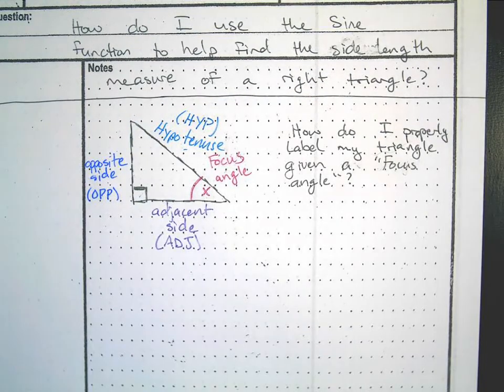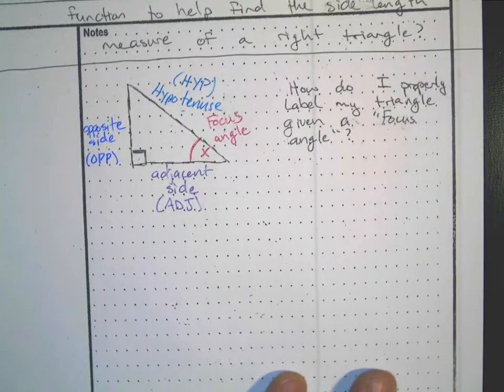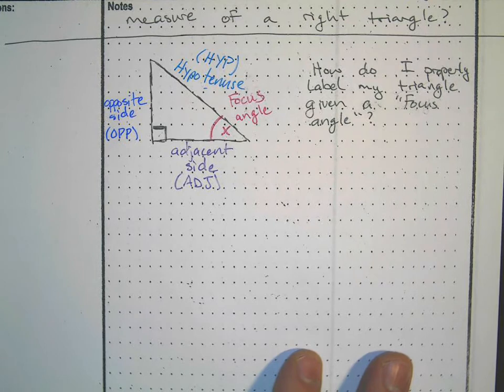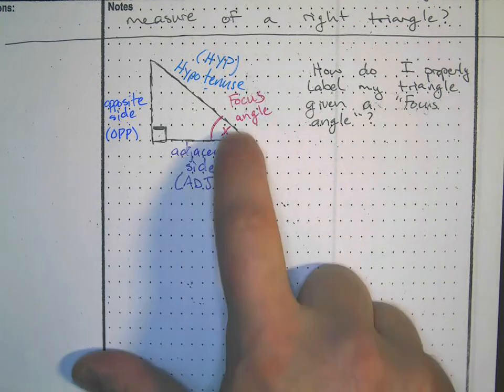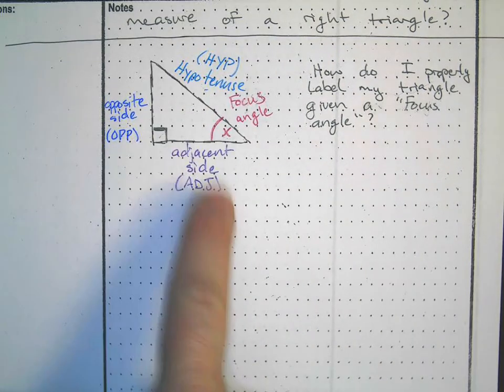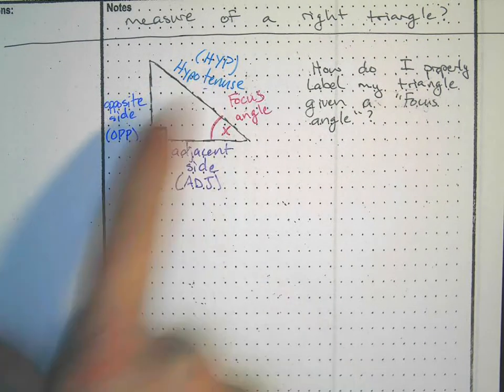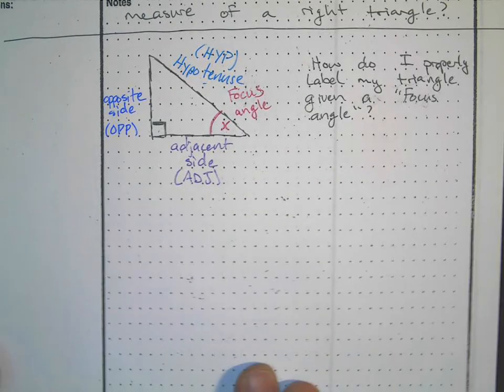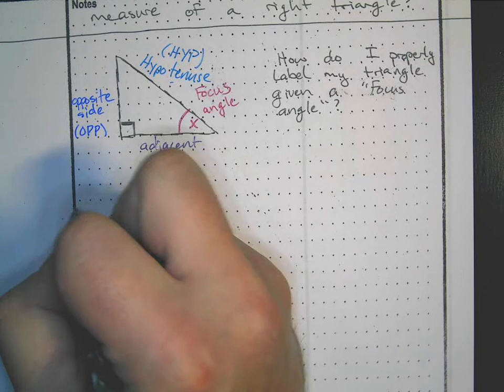So with this said, we're given a focus angle, and then we can label opposite and adjacent. Hypotenuse is always across from the right angle. Okay, so let's just practice some labeling so we can get comfortable with this.